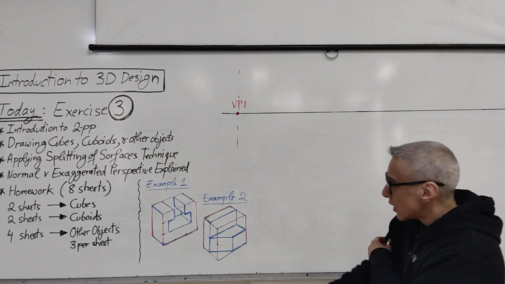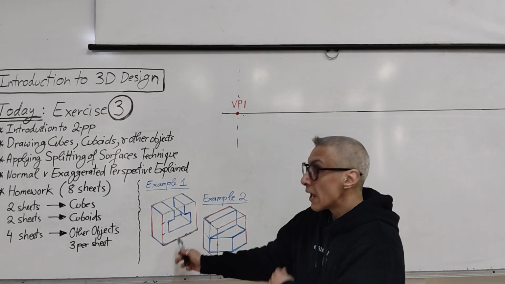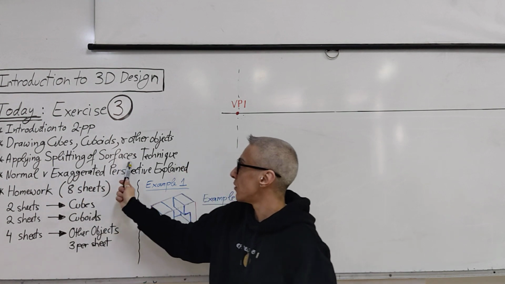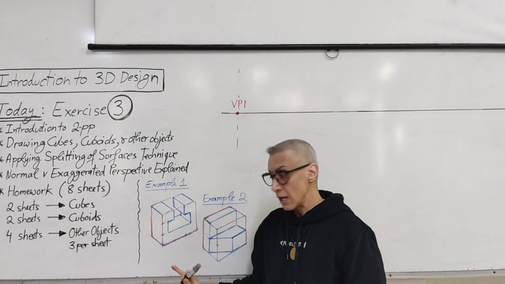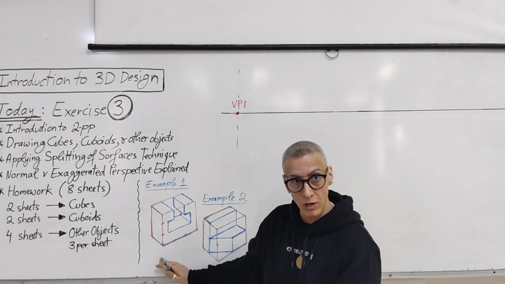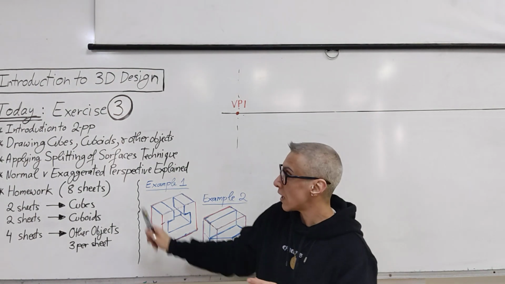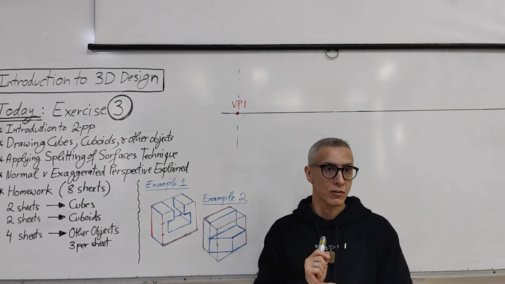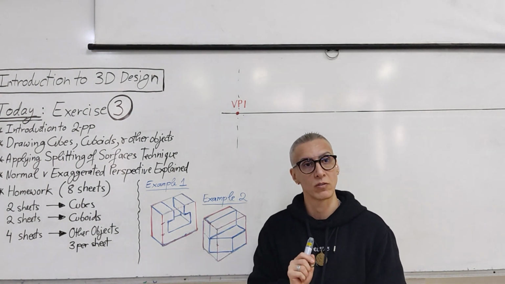So we will draw these examples, and we will apply the splitting of surfaces technique. Now, when you start drawing the combination objects, you must apply the splitting of surfaces technique to find other details inside. So this is very important.